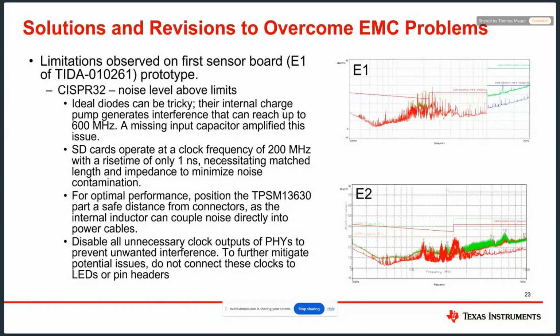This was close to a connector, so we moved it away from the connector because it coupled noise into these power cables. And the last item is that we disabled clock outputs of the PHYs. Typically the PHYs have a clock out in order to daisy chain multiple PHYs. It's also possible to disable this output in order to reduce unwanted interference.